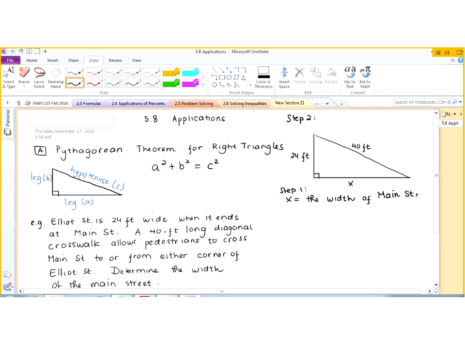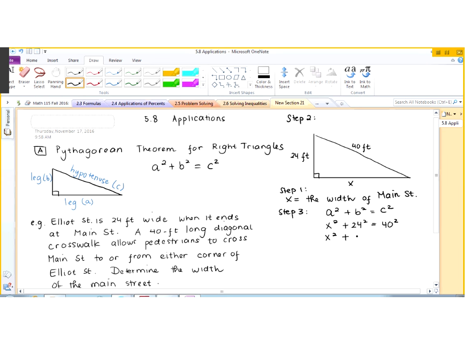All right, so then what do you have here? Step 3: do we use the Pythagorean theorem? What does it say? A squared plus B squared is equal to C squared. So X squared plus 24 squared, or 24 squared plus X squared, doesn't matter, is equal to 40 squared.